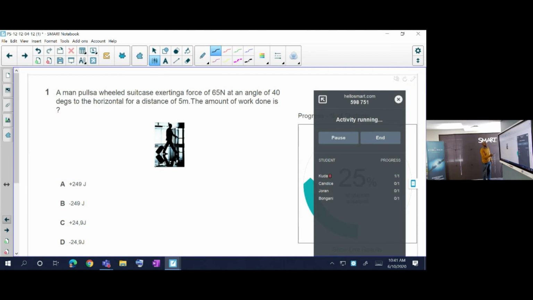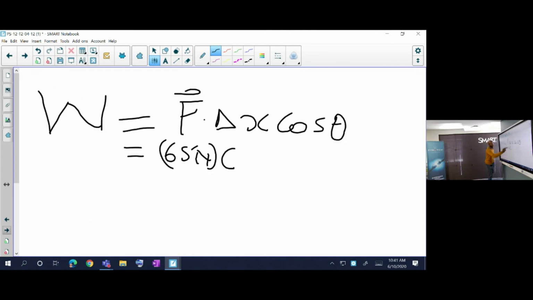That is 5 meter and 40 at a horizontal, and then we have cos 40. Obviously, we know that this is going to give us a positive work because it's less than 90.